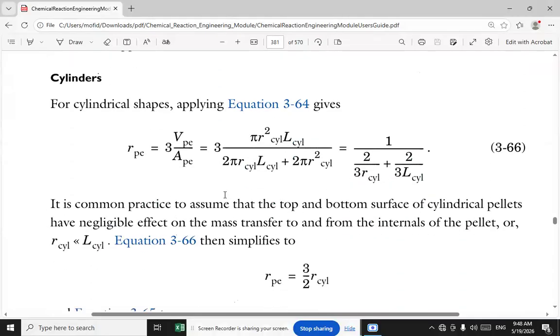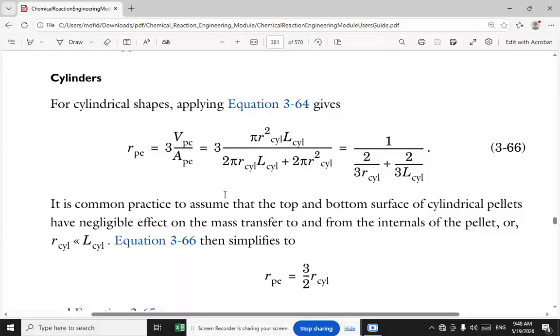Now I want to go through the cylinders. For cylindrical shapes, applying equation 3-64 gives r_pellet equal to 3 multiplied by volume of pellet divided by area of pellet, and so on. It is common practice to assume that the top and bottom surfaces of cylindrical pellets have negligible effect on the mass transfer to and from the internals of the pellet, or that the radius of the cylinder is very much less than the length of the cylinder.